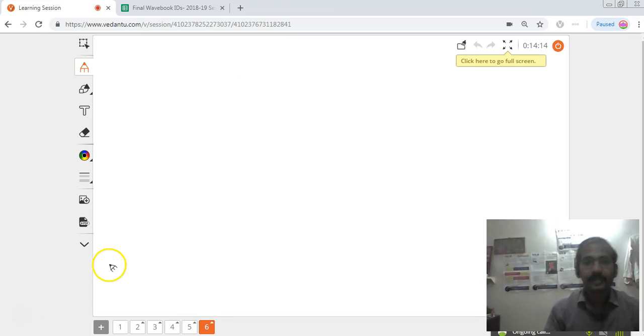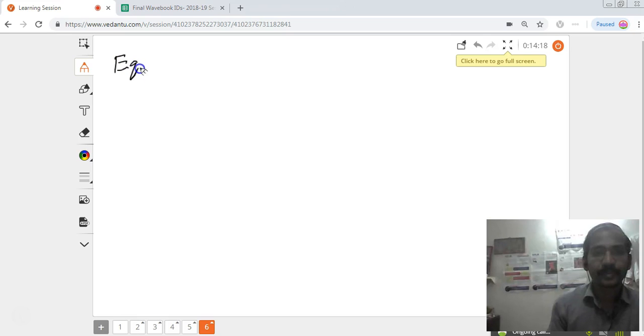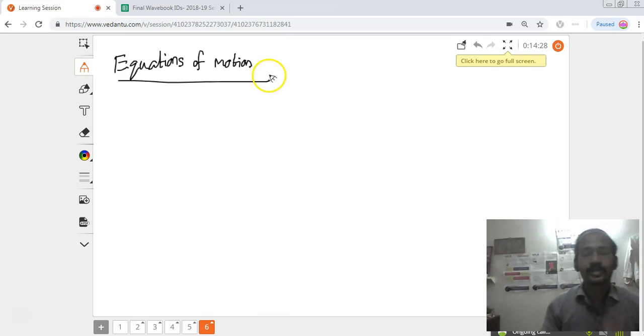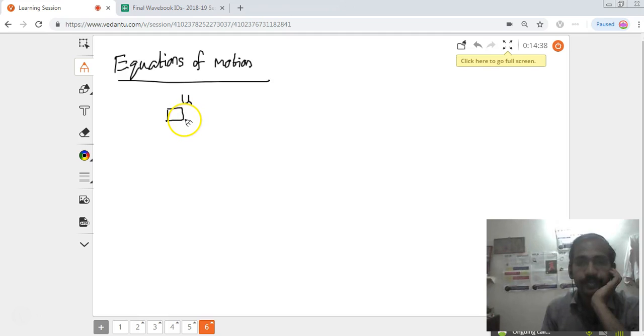Next, equations of motion. What are the equations of motion we are going to study? You know, when an object starts, at that time the velocity is the initial velocity u. Initially, what is the velocity?